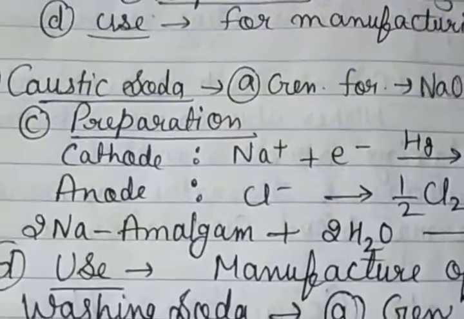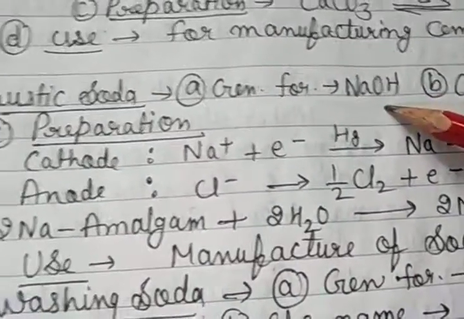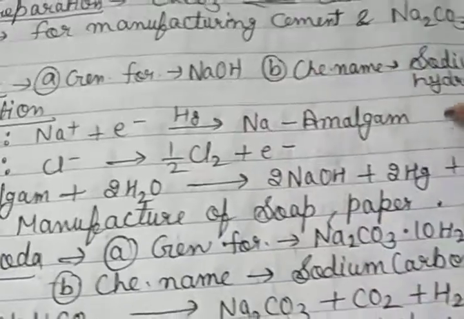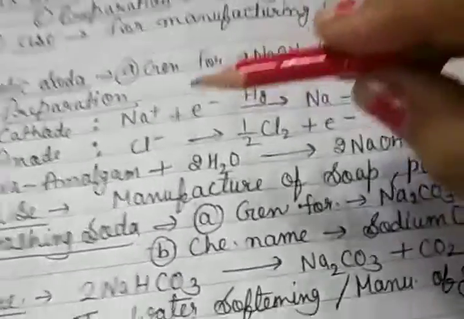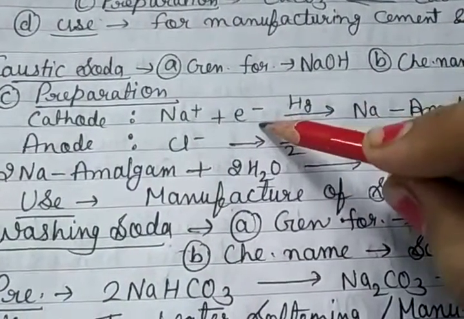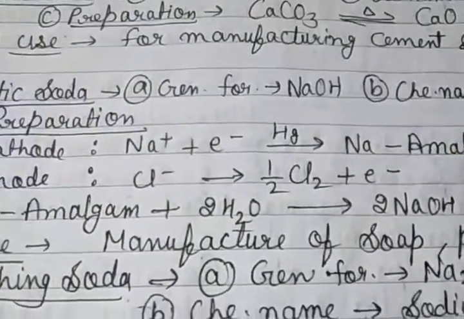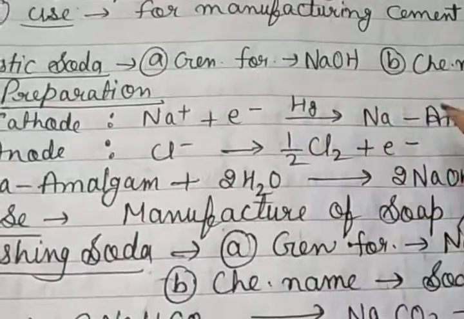Then caustic soda. Caustic soda general formula is NaOH and its chemical name is sodium hydroxide. Its preparation: at the cathode, Na+ gains an electron in the presence of mercury and is converted into sodium amalgam, NaHg.